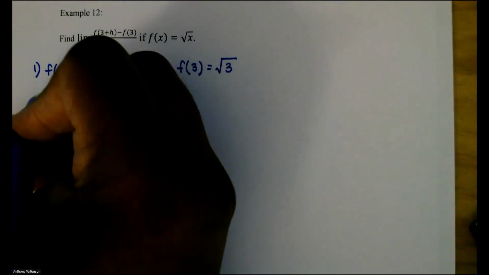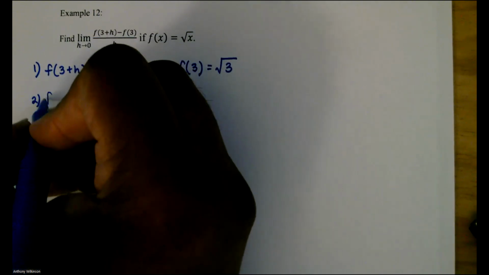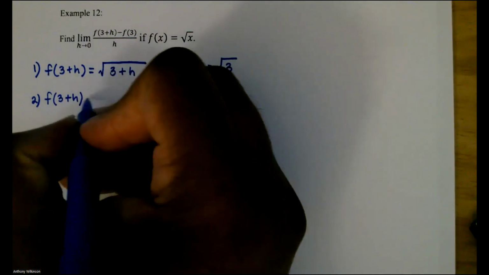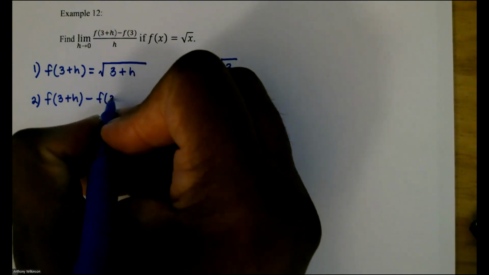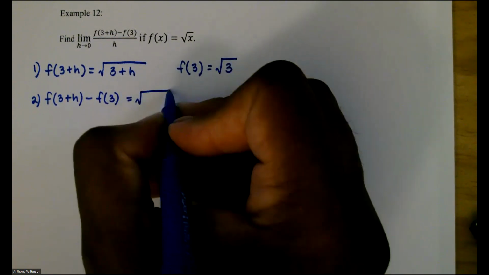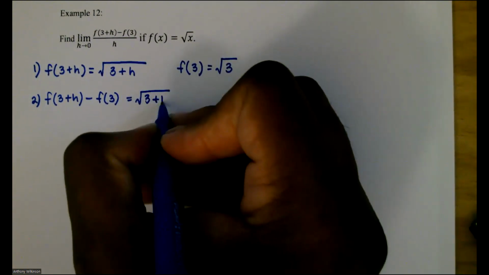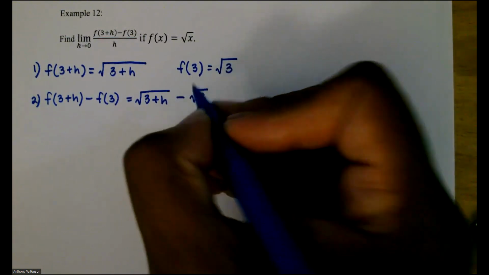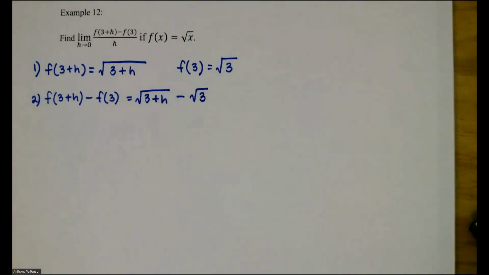All right, step number 2 is subtracting f of 3 plus h minus f of 3. Well, f of 3 plus h is the square root of 3 plus h, minus f of 3, the square root of 3. And that's all step 2 is.